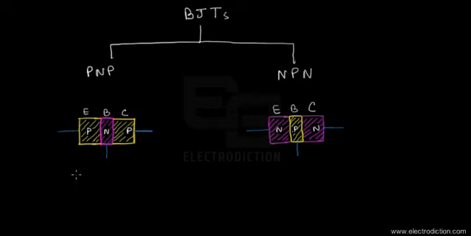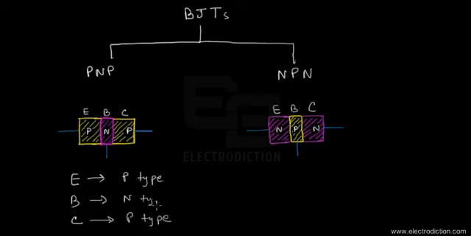So I can just write them down over here. For the PNP type, the emitter portion is made up of P-type semiconductor material, and the collector as well, both the same. And the base is made up of N-type semiconductor material.